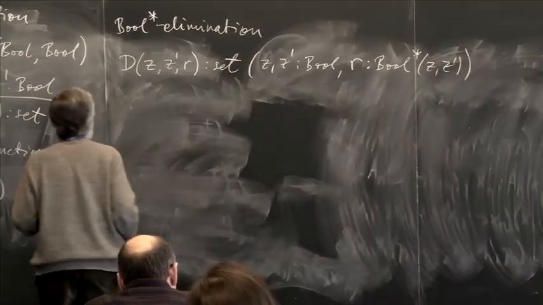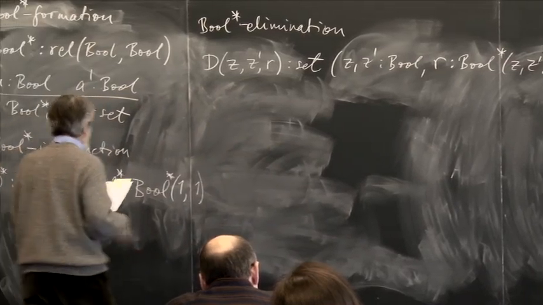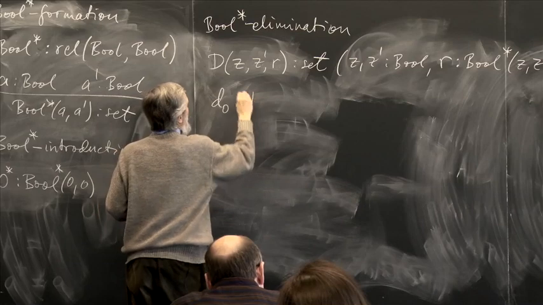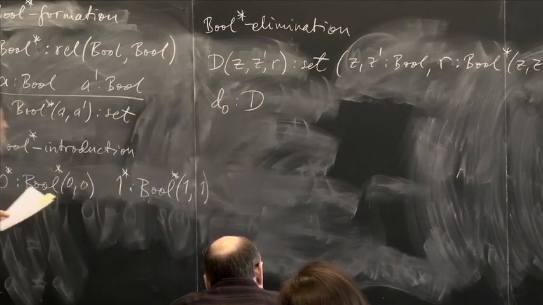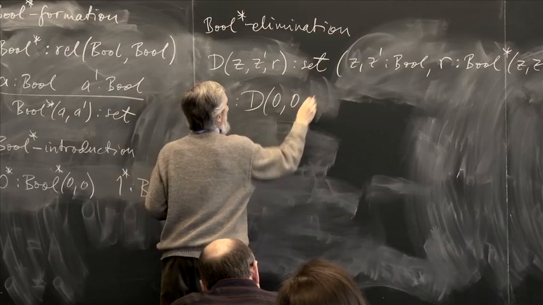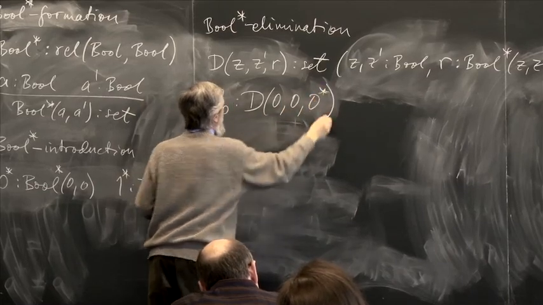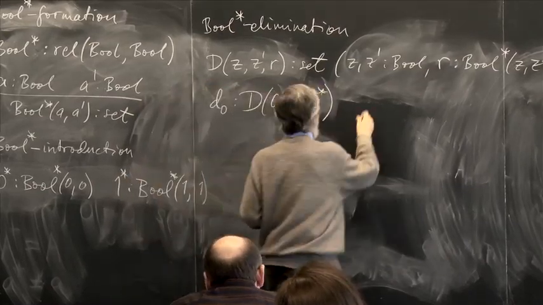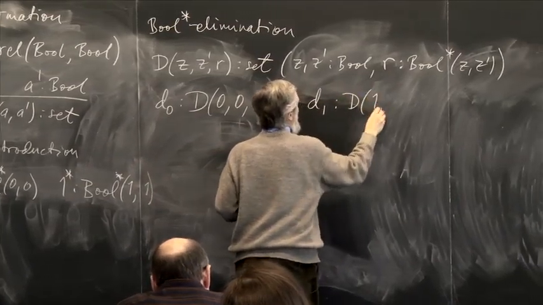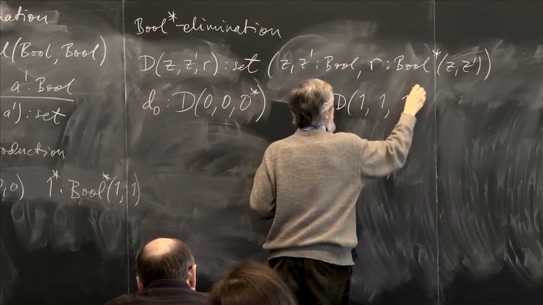And moreover, we have proofs D0 that this relation holds of 0, 0, and 0 star, and D1 that D holds of 1, 1, and 1 star.